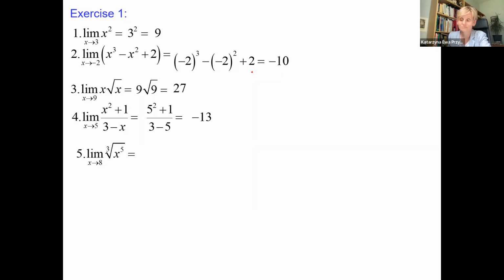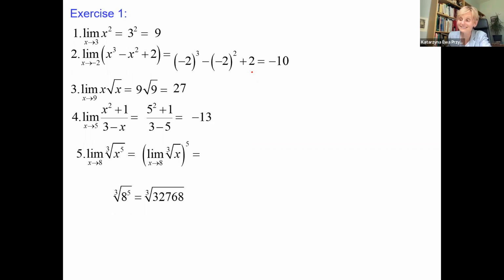Cube root of x to the power of 5. We know that the limit of the root is the root of the limit. And in this case, we have to be smart, actually careful, because if I do it this way and take 8 to the power of 5, because I can use direct substitution, even this way, I don't know if I can get the cube root of this number without a calculator.